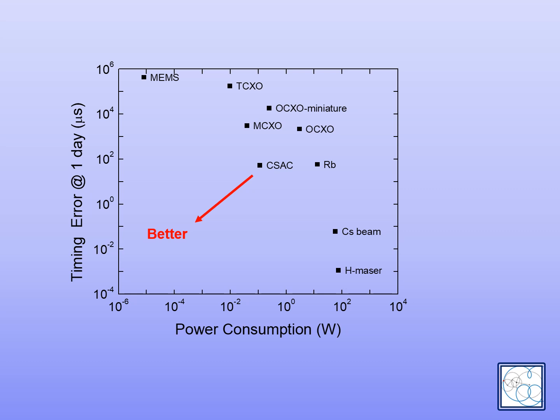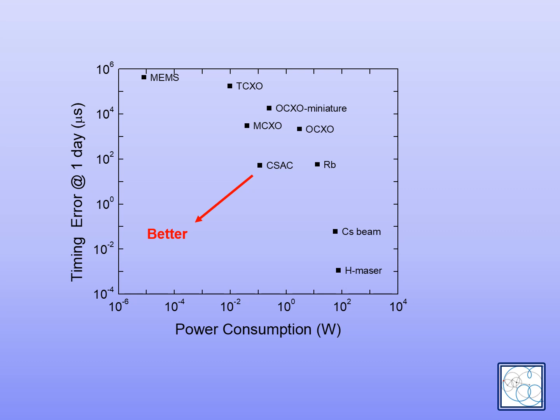So this plot shows timing error at 1 day in microseconds in a logarithmic scale on the vertical axis. At 1 microsecond at 1 day is 10 to the 0. 100 microseconds at 1 day is higher. 10 to the minus 2, 1/100th of a microsecond at 1 day is lower.